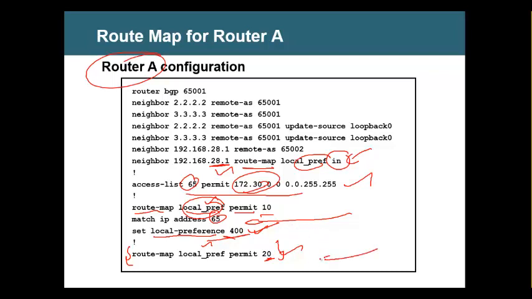And for the rest of the prefixes coming from X, you don't need to do anything. You have not mentioned anything here. We have to write this sequence number 20 route map. If not, there is going to be an implicit deny at the bottom, same as what you have learned in access lists.